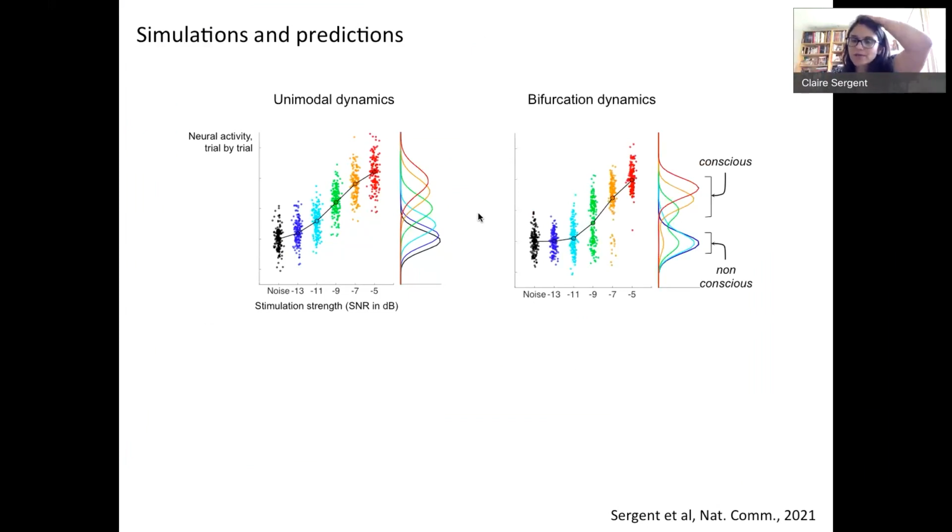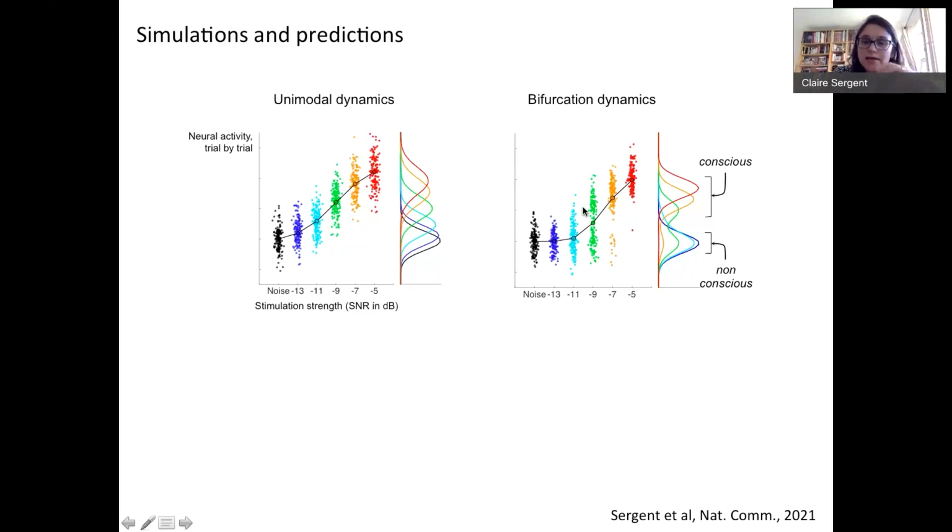And we want to contrast that with another type of dynamics, bifurcation dynamics, in which, for stimulation values around a certain threshold, what happens is that for the same stimulation, you have two possible groups of trials. On some trials, the event was not triggered and activity remains at baseline. And on some other trials, you reach another state and activations across trials group around another, higher mean, represented here.